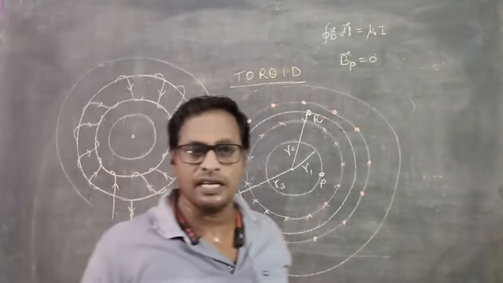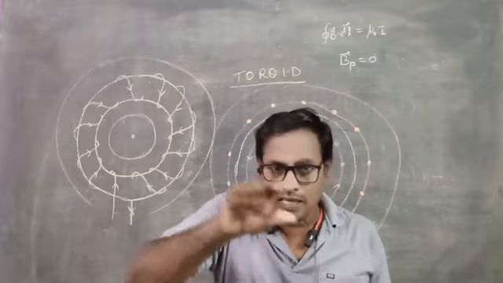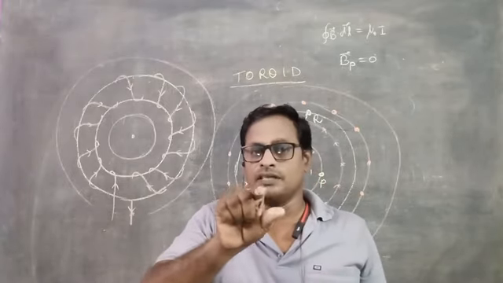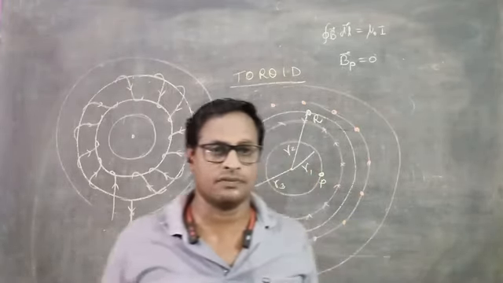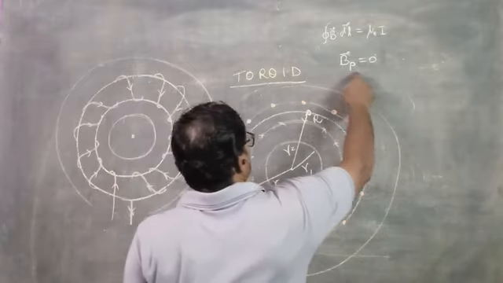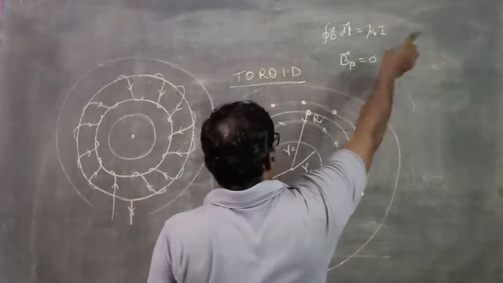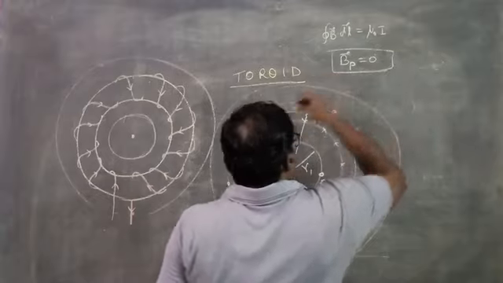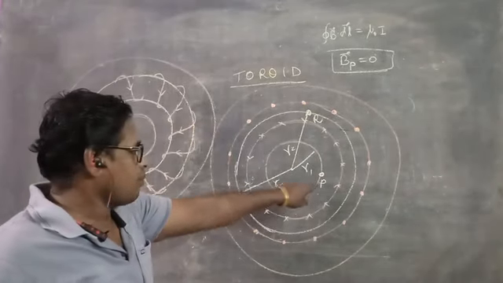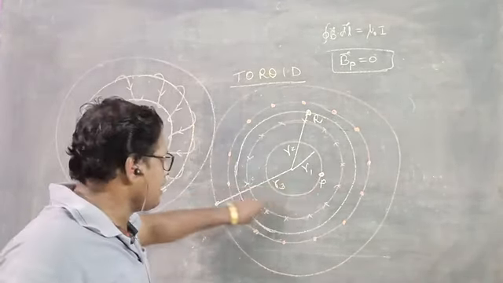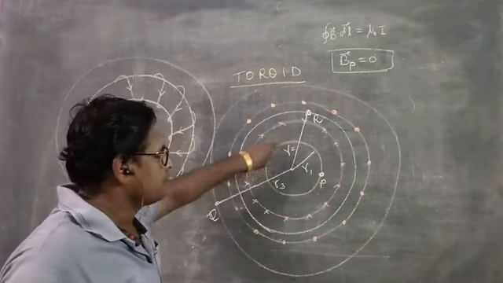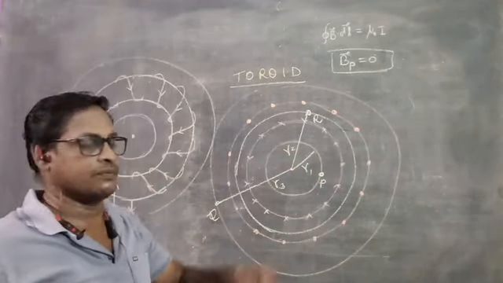The value of magnetic induction in the region inside the toroid is 0. So we can say the magnetic induction at the point P, that is inside region of the toroid, is 0. The magnetic field here is 0.